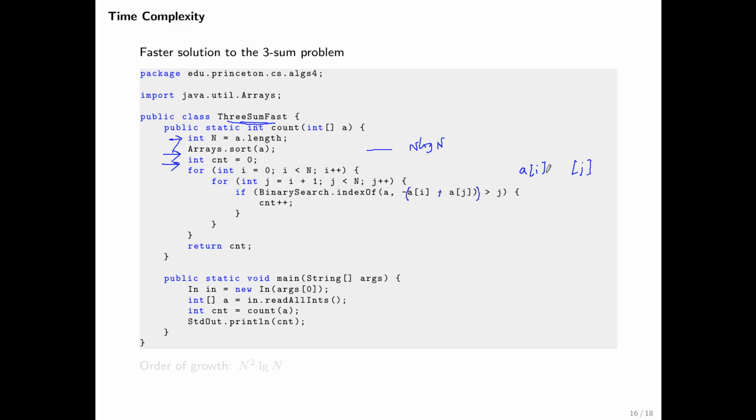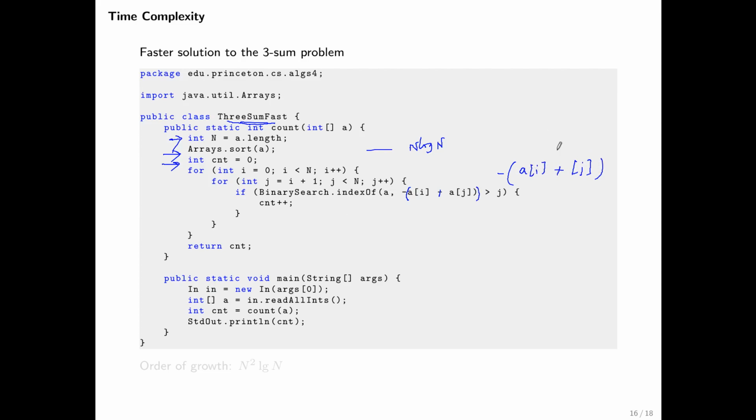So if we manage to find the negative of this number in the collection A, then we have found a triple that sums to 0.